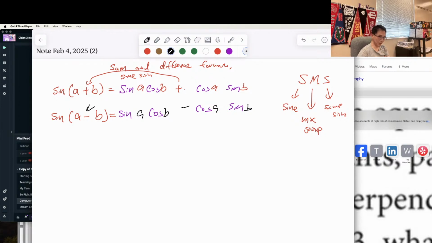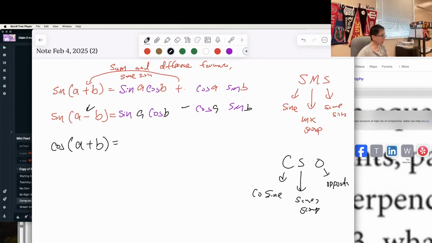Now, cosine's a little bit easier. Cosine is called CSO. This means cosine, same group, and opposite sign. That means if you start with plus, it must end up negative. So cosine of A plus B. Same group means you're gonna start with a cosine, so cosine, cosine, sine, sine.